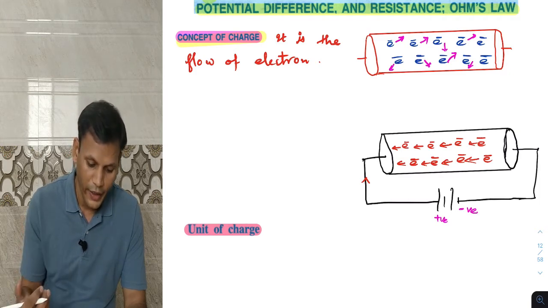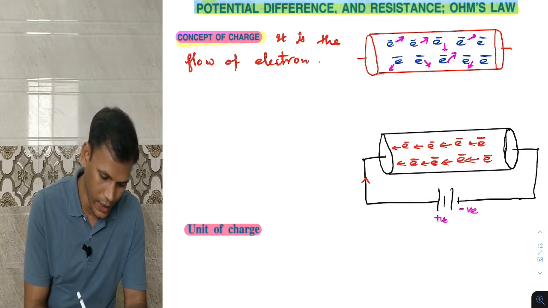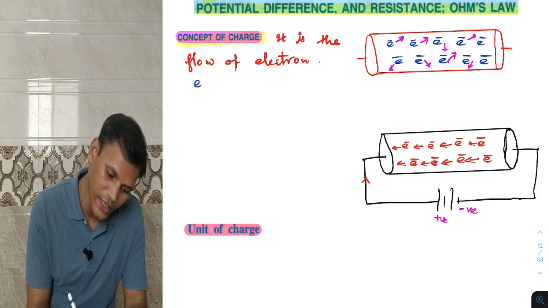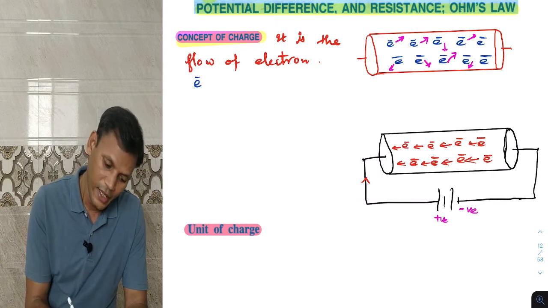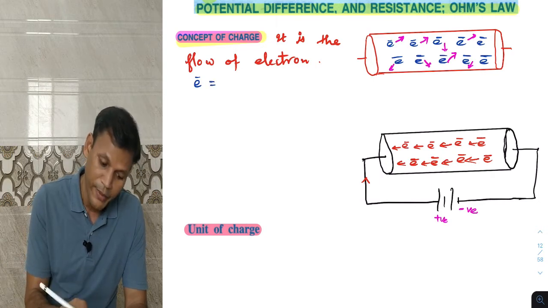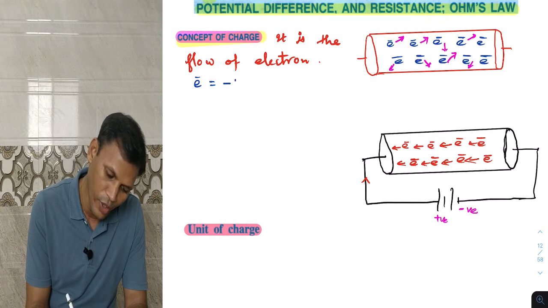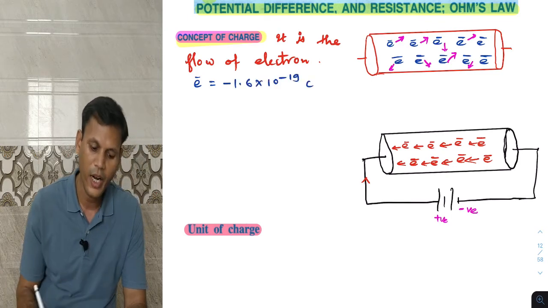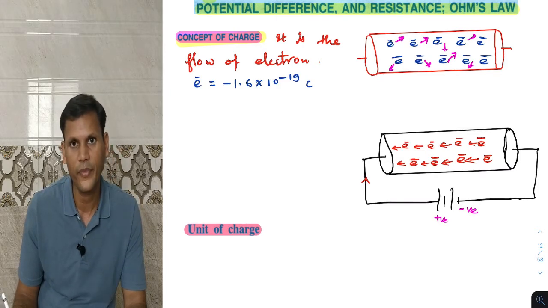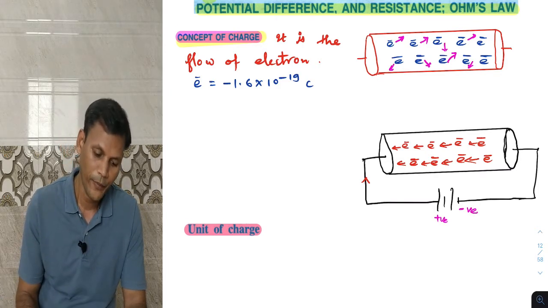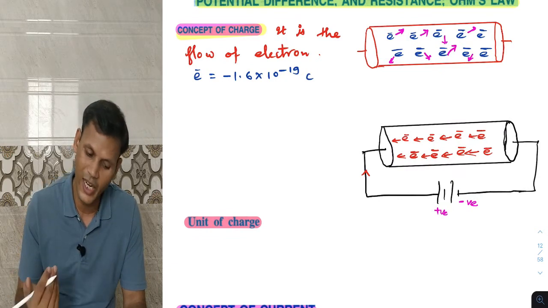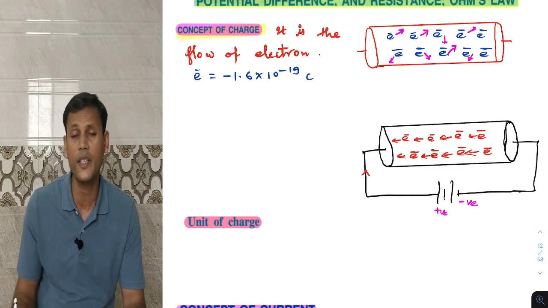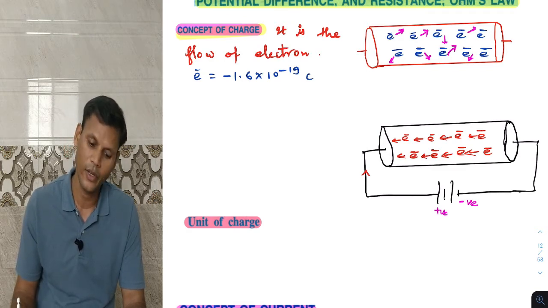Now the electron has a charge e, sometimes we write it as Q or e. The charge on an electron is minus 1.6 into 10 raised to minus 19 coulomb, and the unit of charge is coulomb. What is charge? It is the flow of electrons.